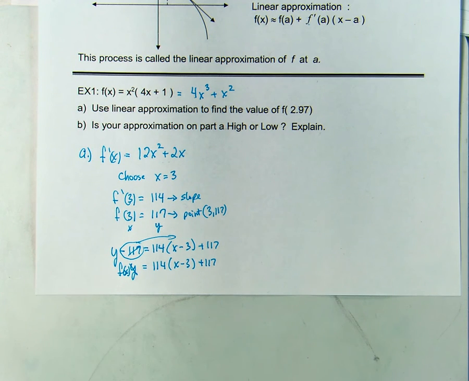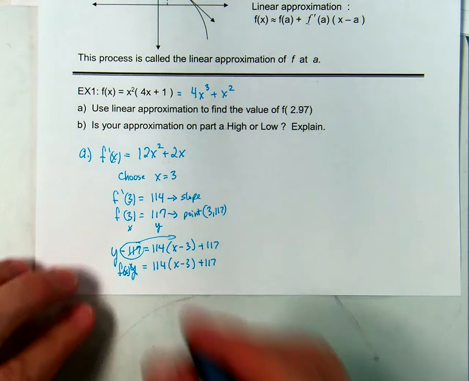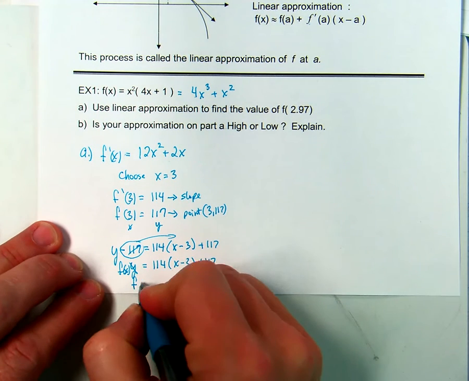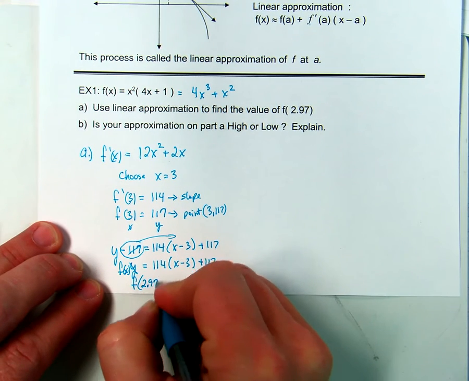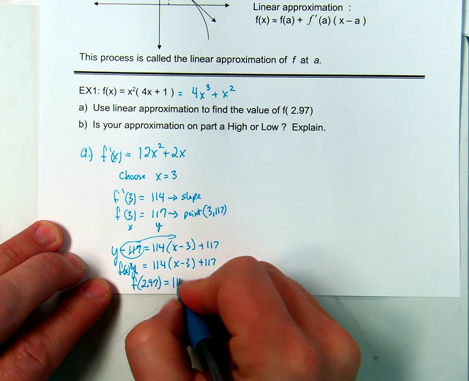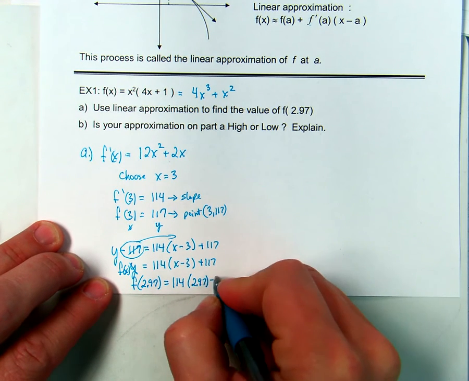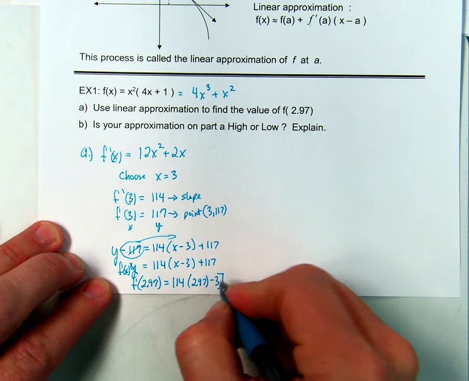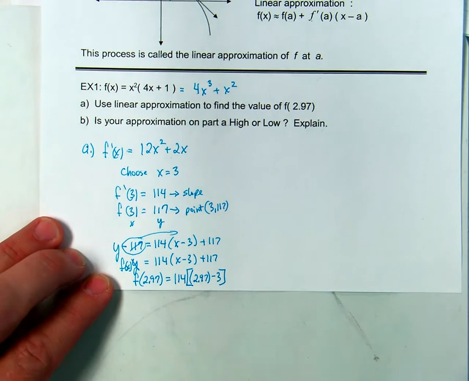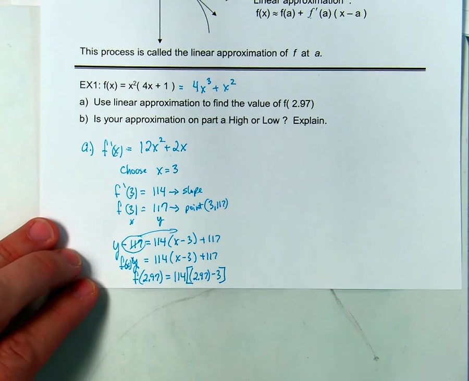Now remember, we did the whole equation with a 3. So it's not exact, but it's really close, is it not? I mean, 2.97 is really close to 3. And so we look at this and we say, okay, well, what is f of 2.97? And we just simply plug that in where we see the x.